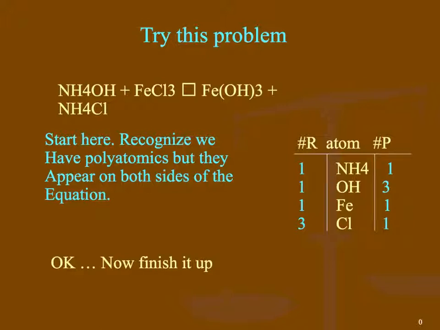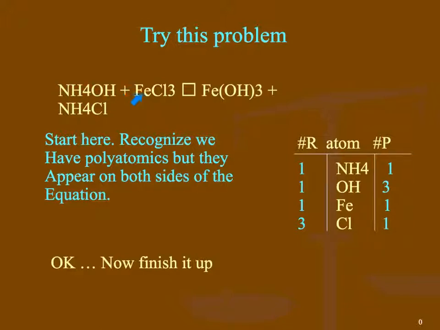Now, instead of counting and breaking up how many nitrogens, how many hydrogens, how many oxygens, chlorines, and irons I have, anytime we can find those polyatomics or those structures from Fat Daddy, and we find it on both sides of our equation, we're going to use that to our advantage.